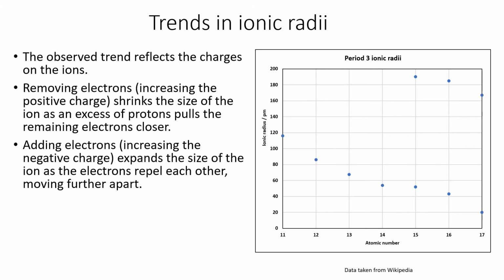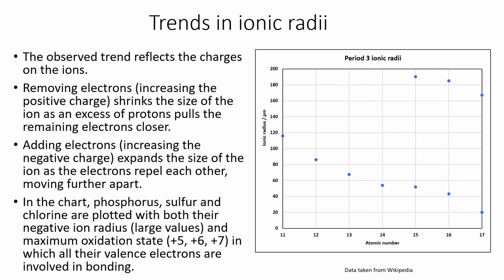Now looking in a bit more detail at these elements on the right hand side, phosphorus, sulfur and chlorine, we've got effectively the largest value of their oxidation states: plus 5, plus 6 and plus 7, which are when the atom is using up all of its electrons in bonding. So it's rather an exaggeration to think of these as simple ions.